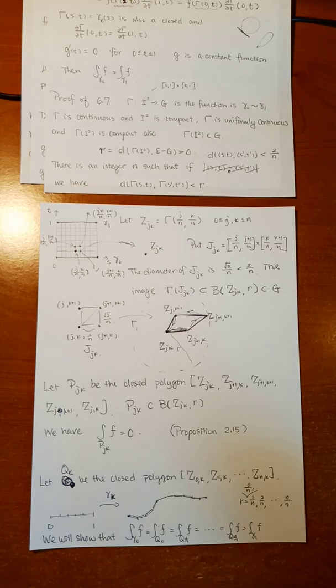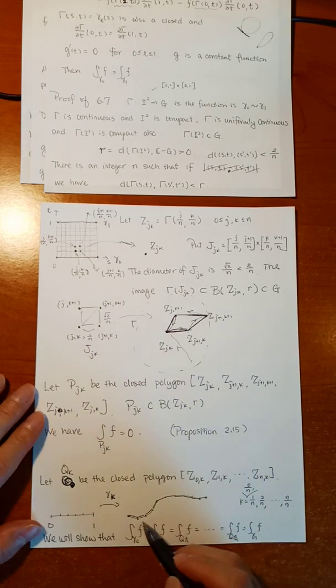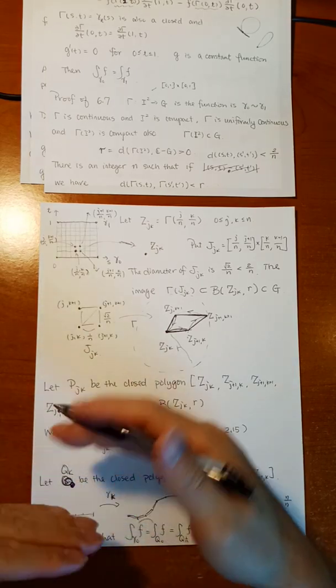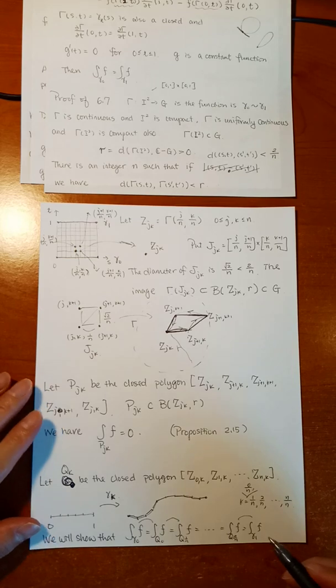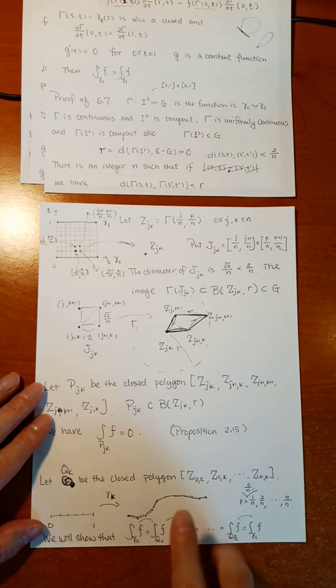that's the strategy. Now we have several steps. We have to show the integral along gamma 0 is equal to the integral along q0. We have to show between each level they are equal to each other, and we have to show the final step is equal as well. From q0 to q 1 over n, and from q 1 over n to q 2 over n, they are similar.